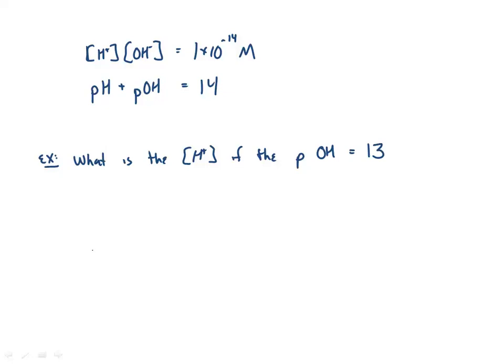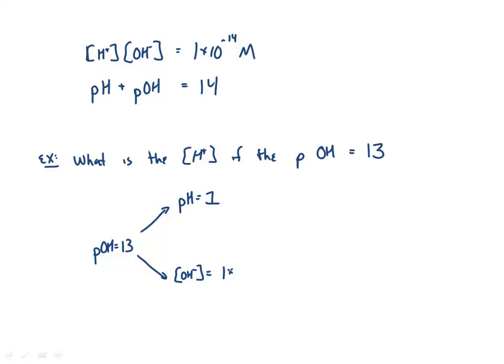So what I have to do is do one of two things. I have to take my pOH equal to 13, and I can convert that to a pH equals 1, or I can calculate my pOH into a concentration of OH minus, which if I plug that into my calculator should be 1 times 10 to the negative 13, but I'll do it anyway just to be careful.